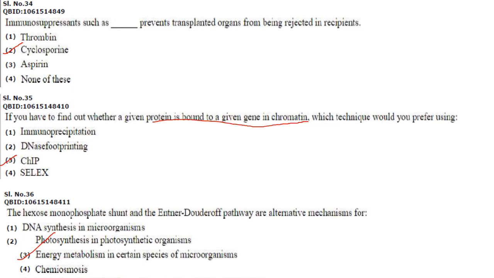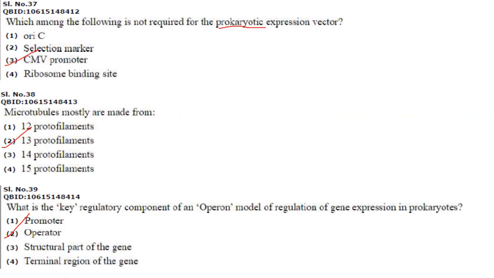Then next one. The hexose monophosphate shunt and the Entner-Doudoroff pathway are alternative mechanisms for... So they are alternative mechanisms for energy metabolism in certain species of microorganisms. Answer is option 3. Which among the following is not required for a prokaryotic expression vector? Not eukaryotic.